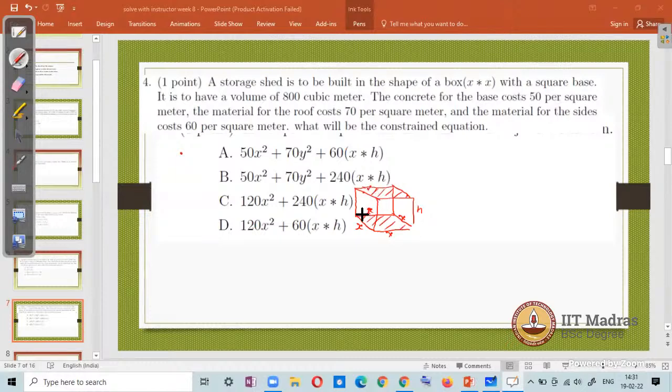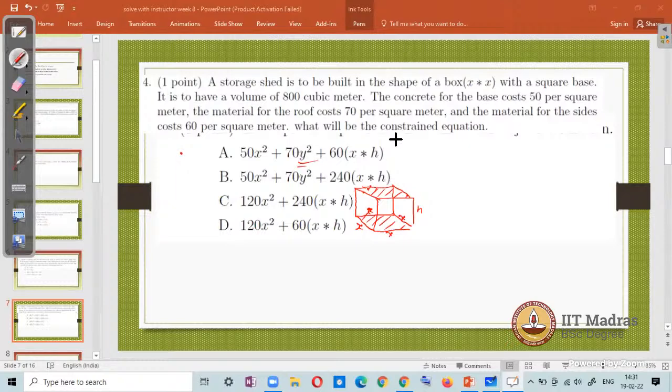If it is x square, then the roof will also be x square. Or if you want to mention it as y square, you can, but actually it is a square, that's why we can say it is 120x square. If its base is x and we consider it y, then we have to mention that x equals y.